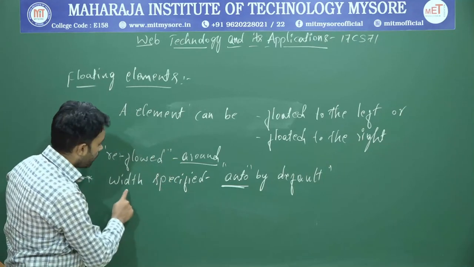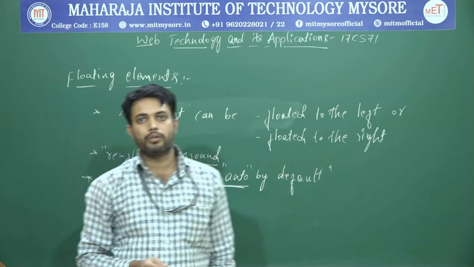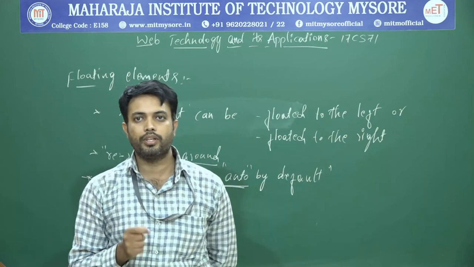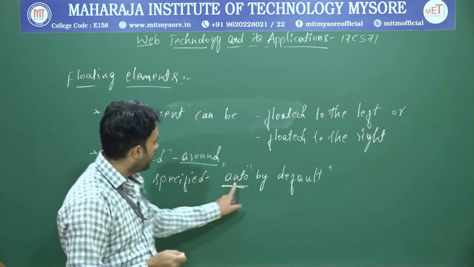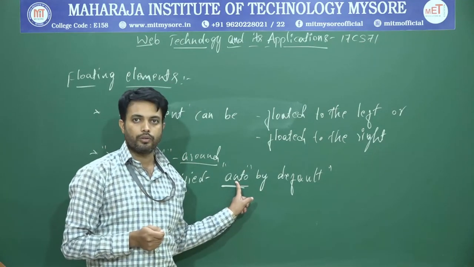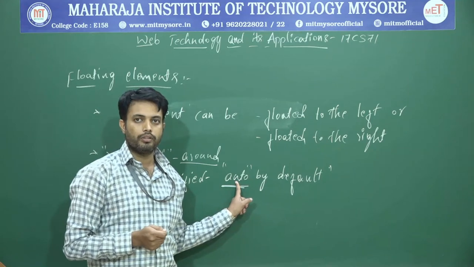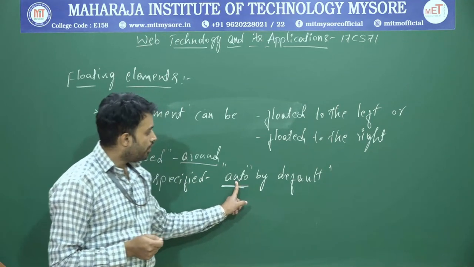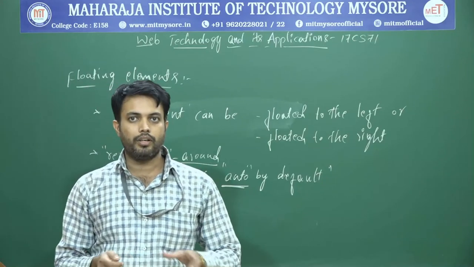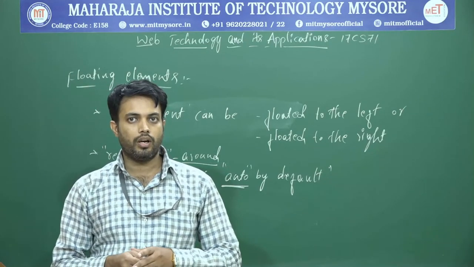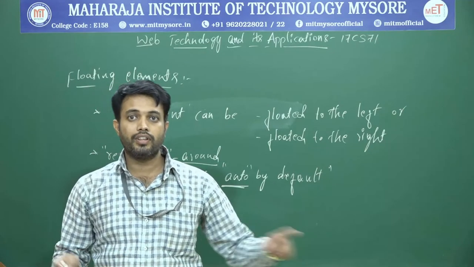And again, width specified. For block-level floating elements, we need to specify the width. Otherwise, by default the value is auto. Okay, by default the value is auto. That means the floating element will occupy the entire width of the container.